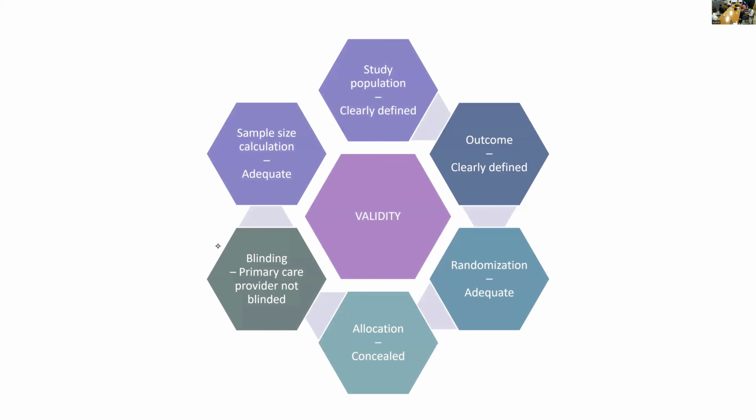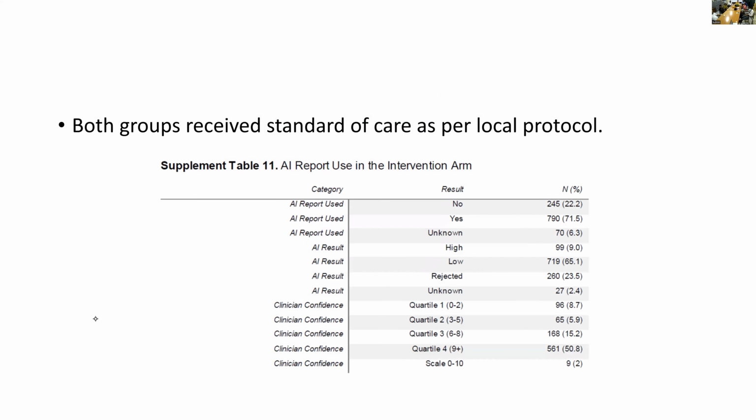At the end of section B, that's important for everyone to look at. If you're introducing a new AI, the clinician may not have much confidence in it. If you look at it, 22% of the time the AI report was not used, and within 6 months we don't know for some. The AI result was high, a very high chance of coronary disease, in 9 and low in 6.